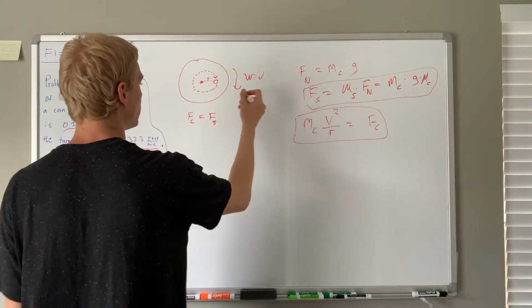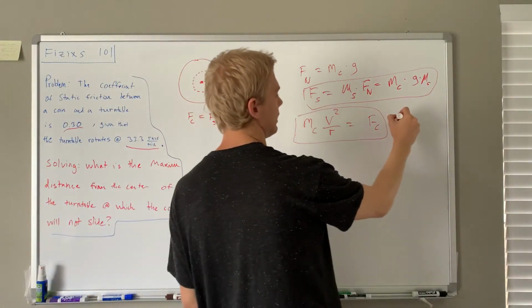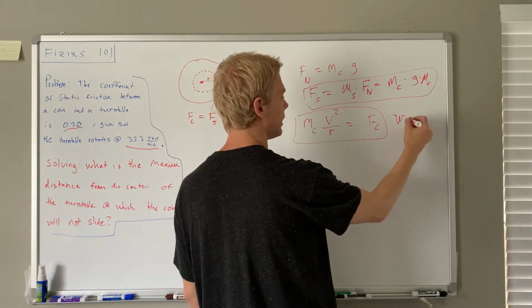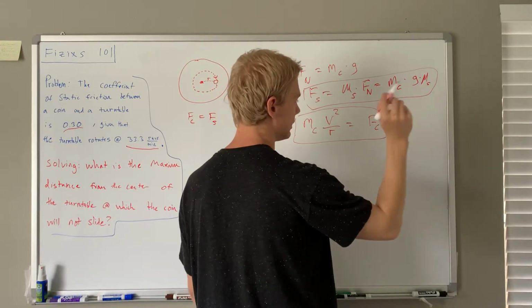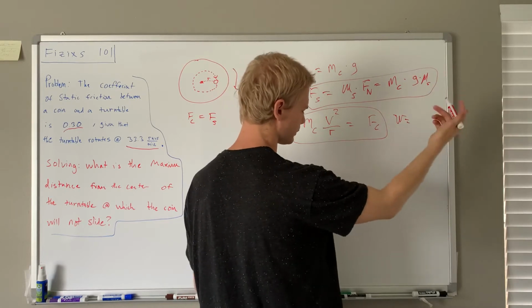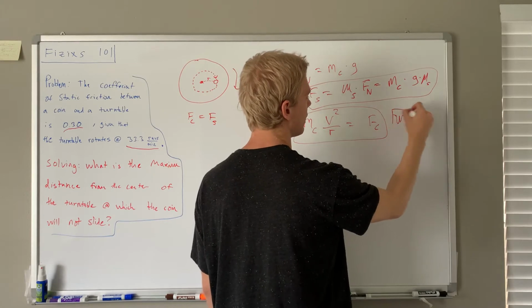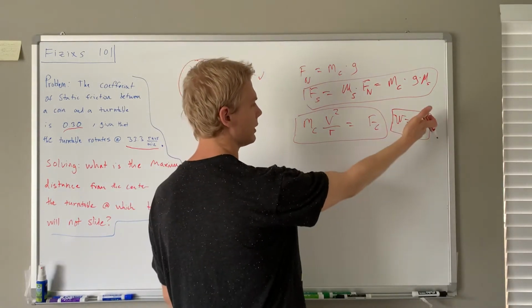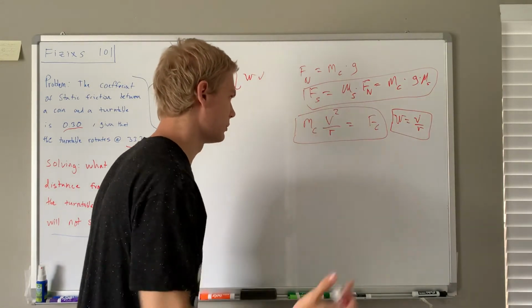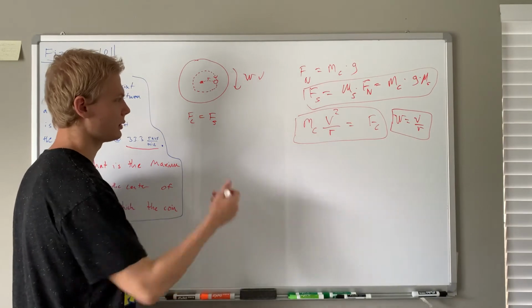One thing you also have to recall is that omega, our angular speed, is related to tangential speed: v equals r times omega. So if you plug this relation in, what do you get?